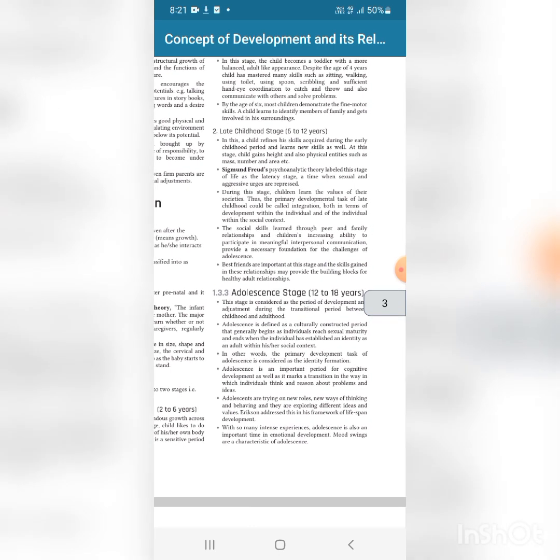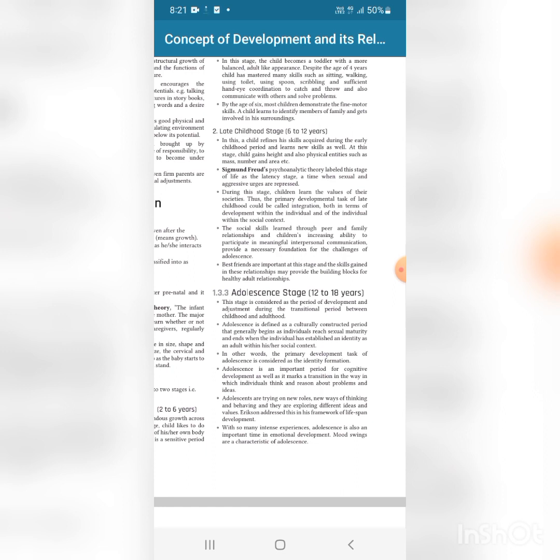Let's discuss late childhood stage, which is from 6 to 12 years of age. In this age, a child refines the skills acquired during the early childhood period and learns new skills as well. At this stage, the child gains height and also understands physical entities such as mass, number, and area.